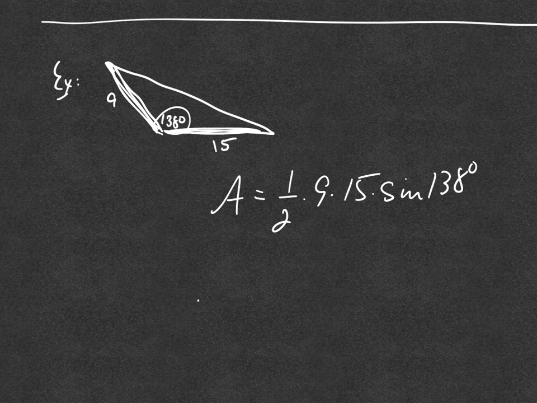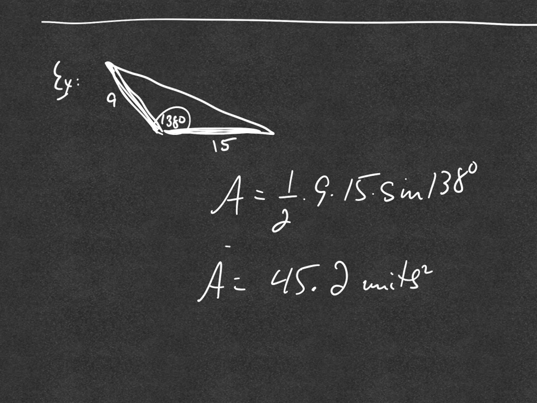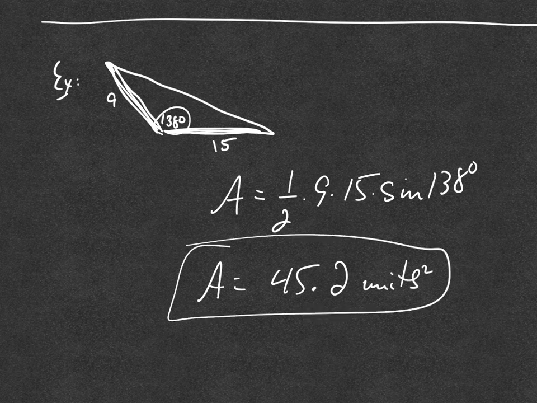When we punch out the math, usually these are kind of ugly decimals because of the trig function. Approximately, this time we get 45.2 square units.